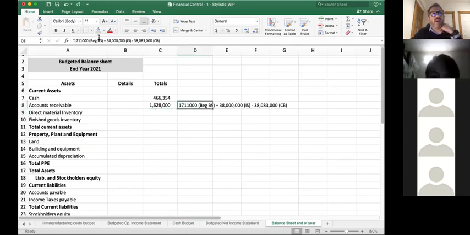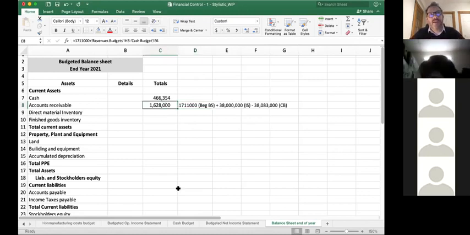So here, the way I explain it, BS is the beginning balance sheet, IS is for income statement, and CB is from the cash budget. It's also a way for me to explain that one thing which is important for me is the link between the three documents: the balance sheet, income statement, and the cash budget.